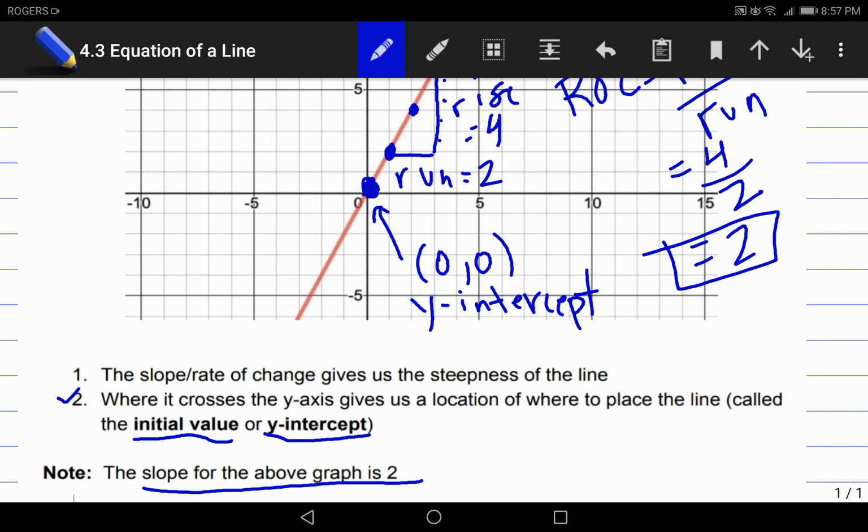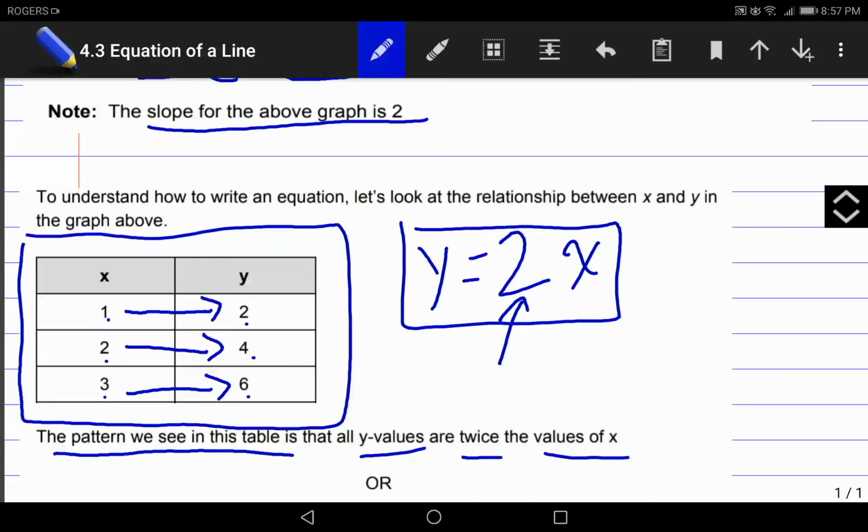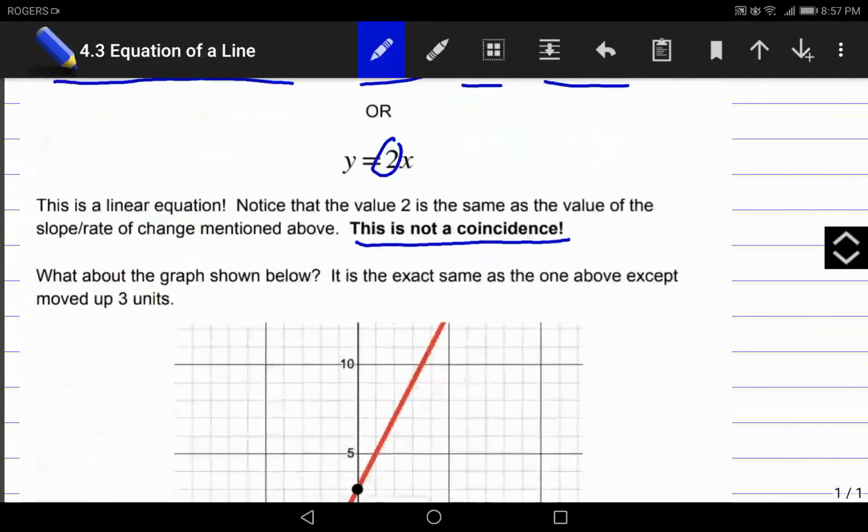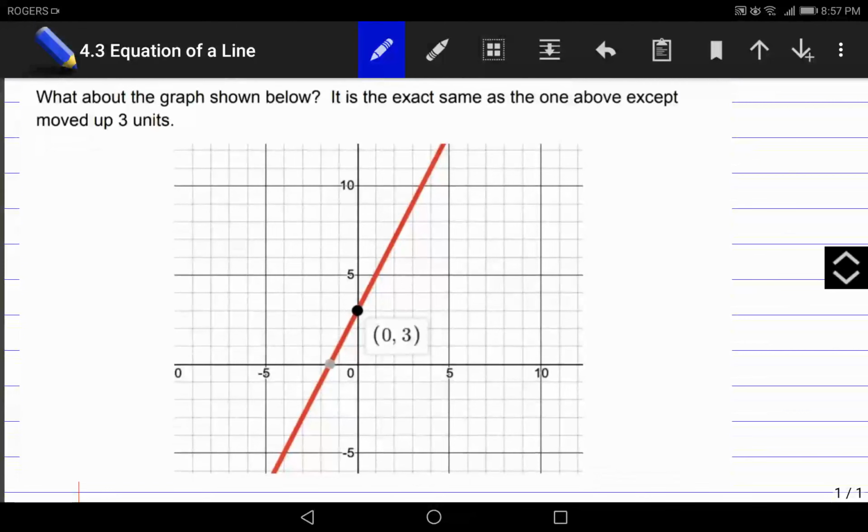Now, in the next graph, we notice that the y-intercept this time is moved. So I purposely drew a line that was shifted up. Instead of the y-intercept being here at 0, 0 and our line looking like this, we actually move that line up.